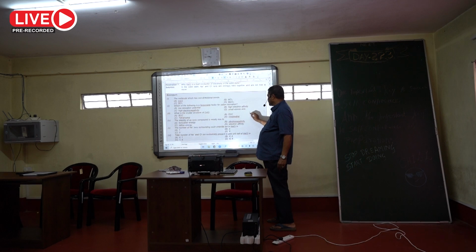So actually this body centered cubic lattice will be like this. First you have to write a cube. Now this cube has 8 corners. At the 8 corners, 8 chloride ions will be there.